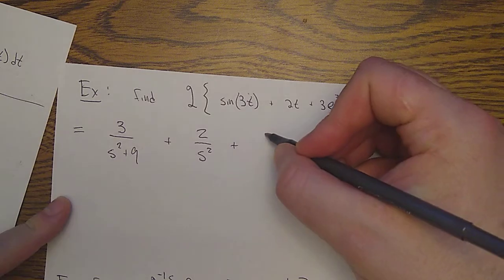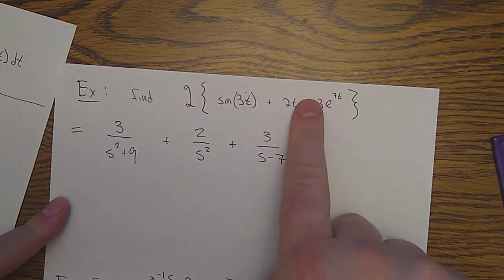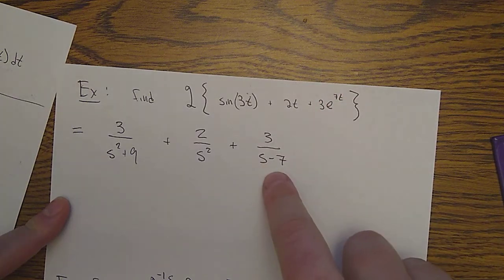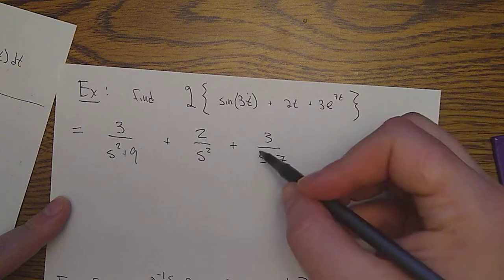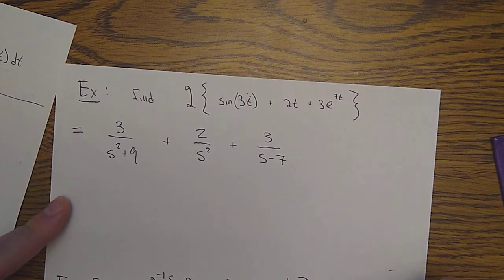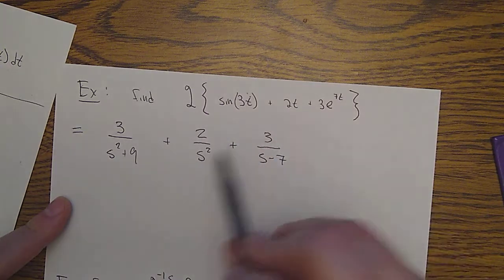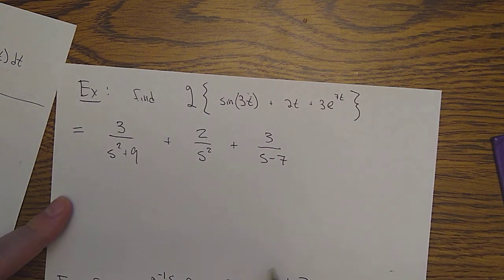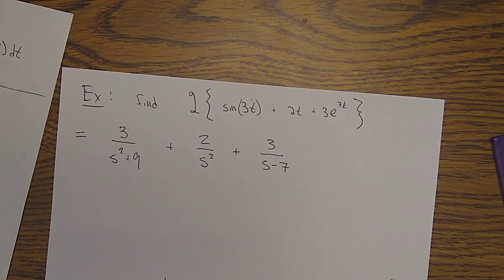So this should be 3 over s minus 7, because if the 3 weren't there, it would just be 1 over s minus 7. And that's what we do with constant multiples, the 3 just carries right down. Yeah, so this is actually really easy. It's just looking things up in the table, or remembering them, and putting them together for the example.